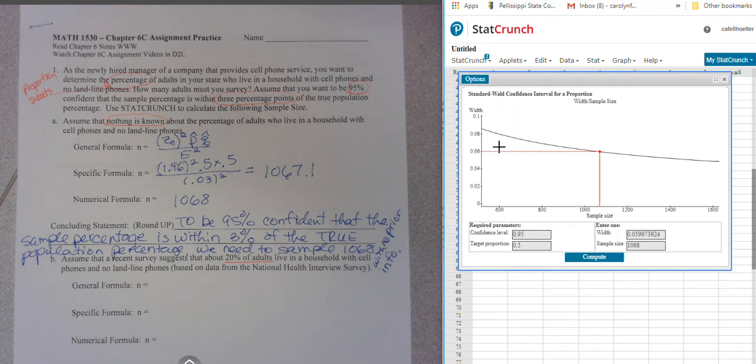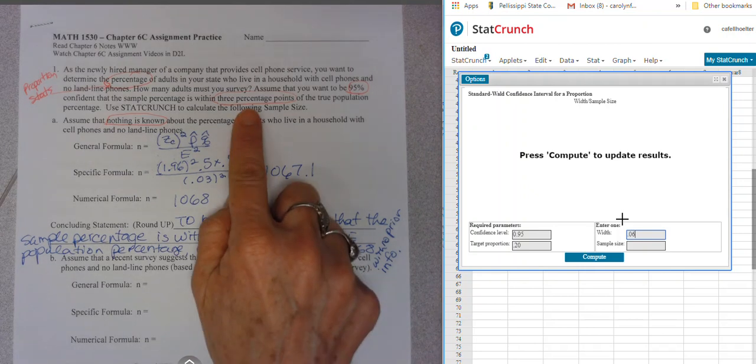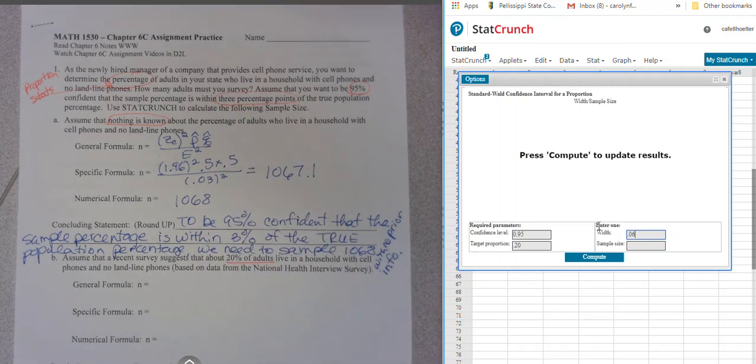When we go over to StatCrunch, our target proportion, now that we have this prior knowledge, becomes 0.20. Our width, I'm going to clear that out and type in 0.06. Again, since we want to be accurate within 3 percentage points, 2 times 3% is 0.06. Then we hit compute.